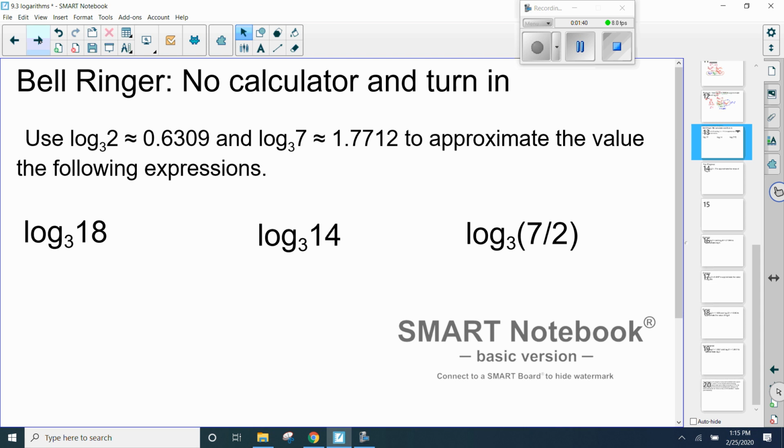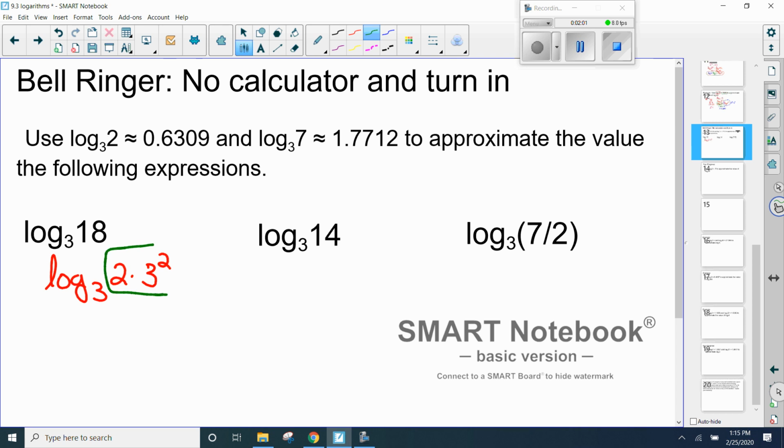So if I factor it with a 2, you have log base 3 of, the factors would be 2 and, we could put 3 to the 2nd, which is 9, right? When you are multiplying here, what does that tell you? You can add the logs.